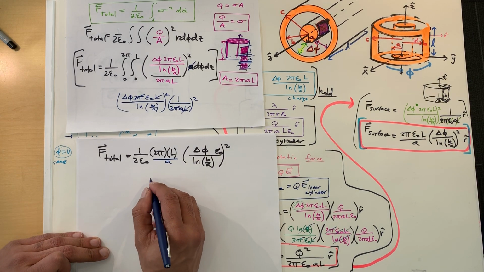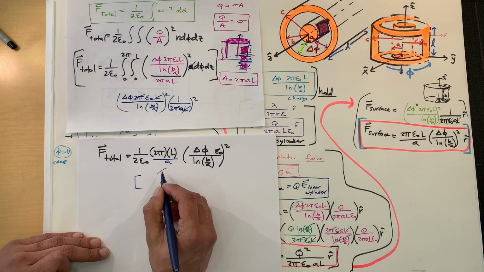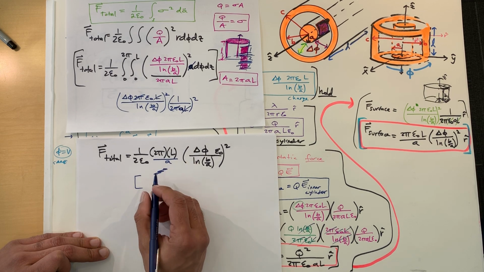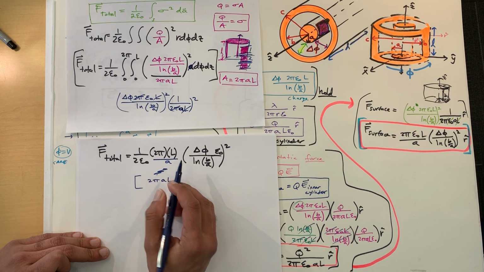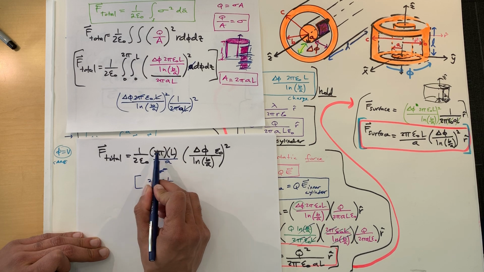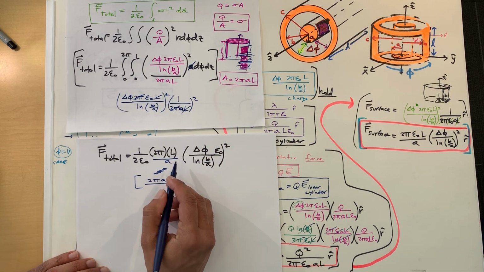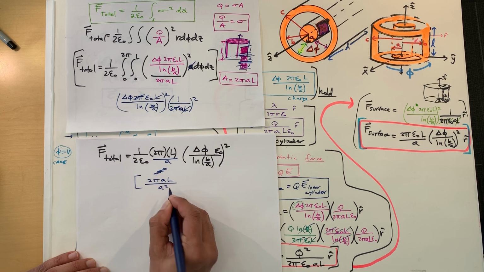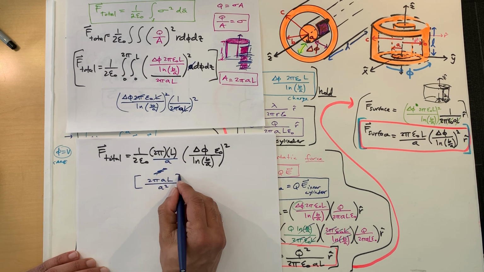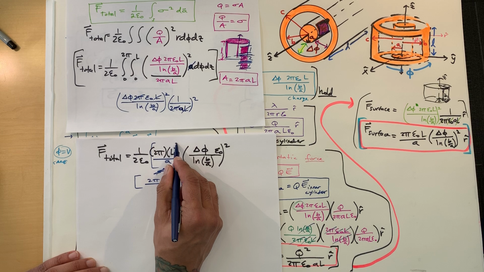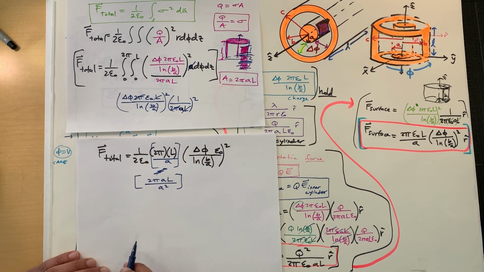Let me work here separately. If I do 2 pi A on top, because that's what I need for this part here to look like A, then on the bottom I would need an A squared. So this part, this, and this are the same thing.